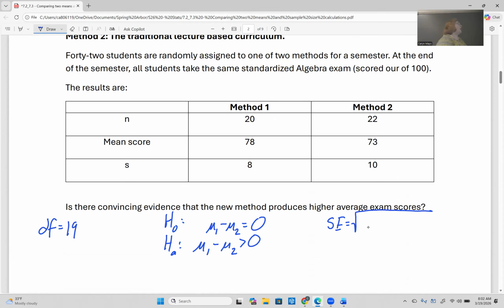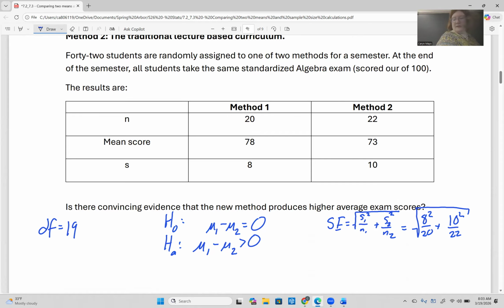It's the square root of S1 squared over N1 plus S2 squared over N2, and these are all pieces that were given. What is S1? And what is N1? 20. So we'd have 8 squared over 20 plus, similarly, 10 squared over 22. Square root of all of that.